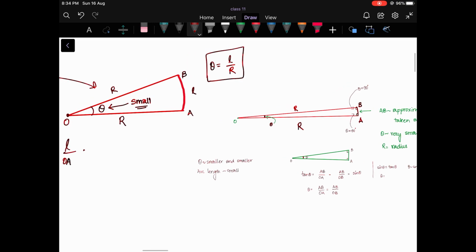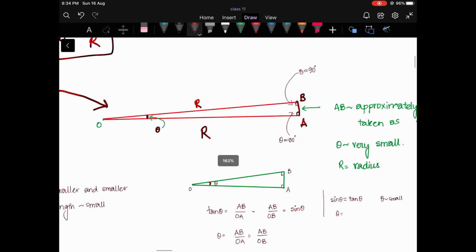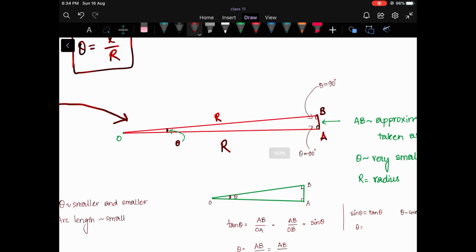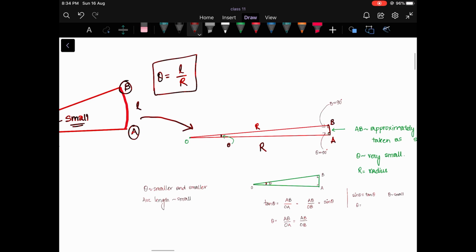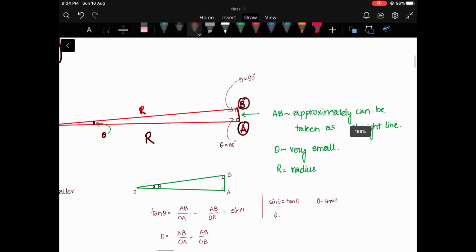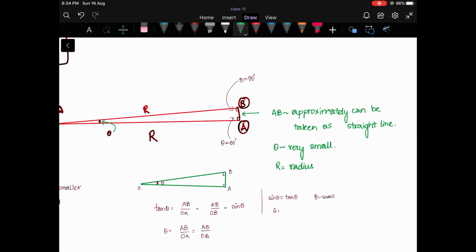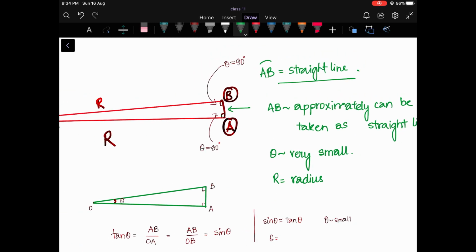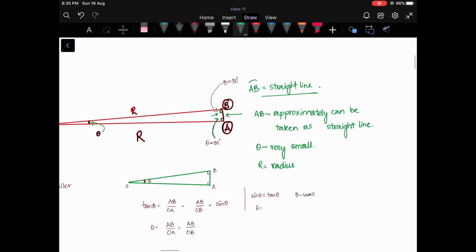When we do that, our diagram is going to be equivalent to this diagram, such that you can see here the angle is very small and the points A and B are very close to each other. Now approximately, this line here, the arc AB, can be treated like a straight line, such that this angle here can be taken as 90 degrees, and even this angle here can be taken as 90 degrees approximately.